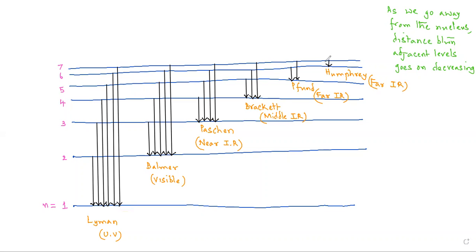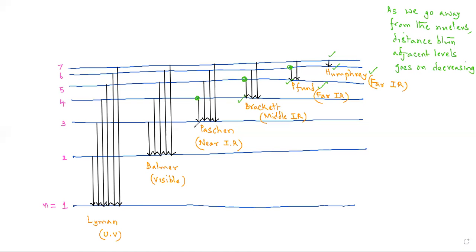Or else it may be like this also. From seventh, the electron may get de-excited to sixth. Then you get a line in Humphreys. From sixth to fifth, you get a line in Pfund. Now the one that has come to fifth may go down to fourth. You get a line in Brackett.